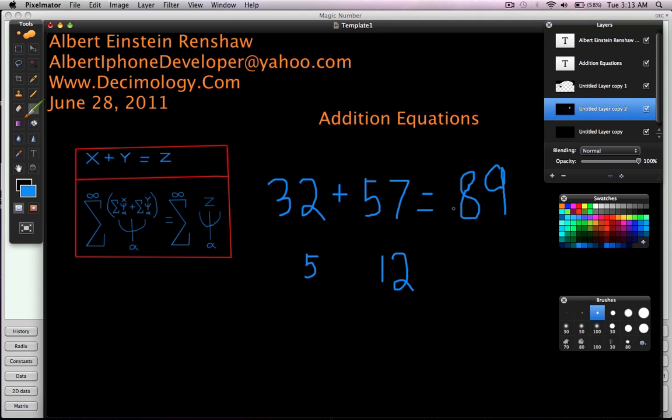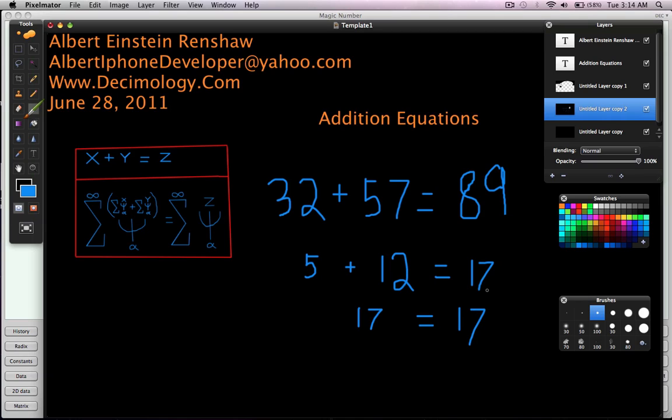And we will do it again with z on this side of the equation. So 8 plus 9, that is 17. Alright, now we add these two together. So 5 plus 12, 17 equals 17.